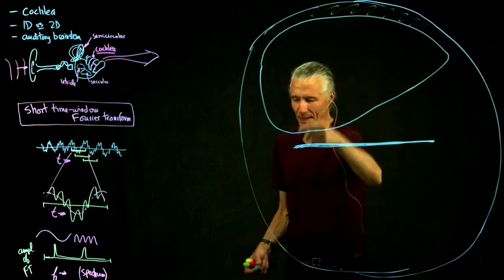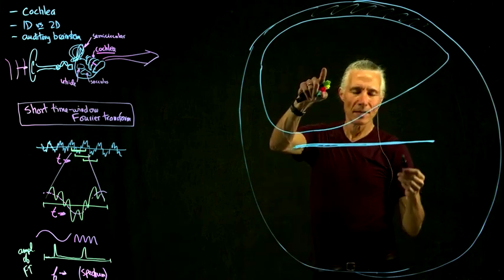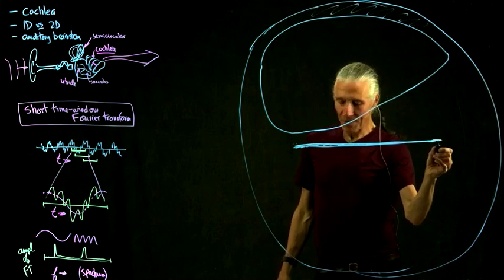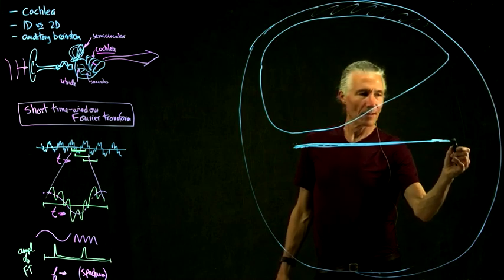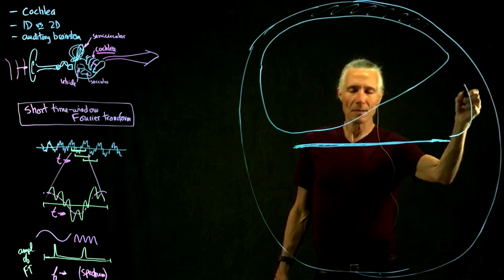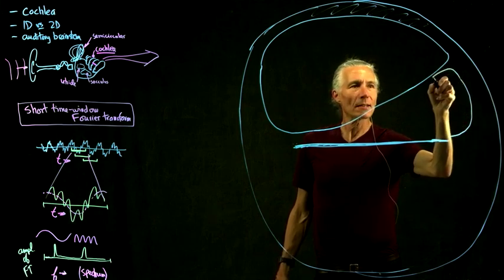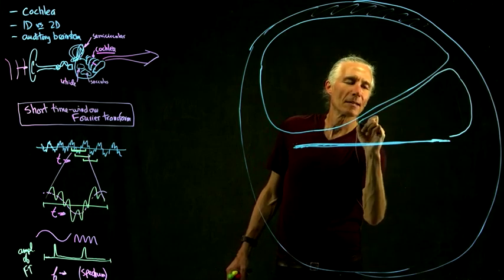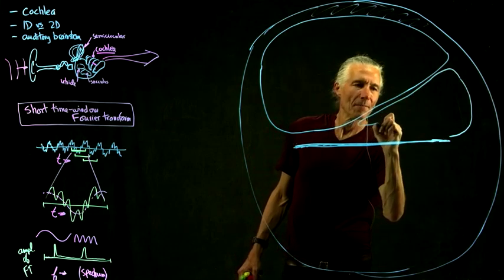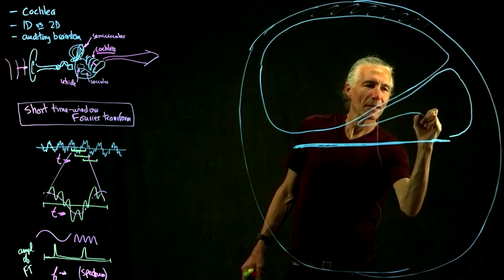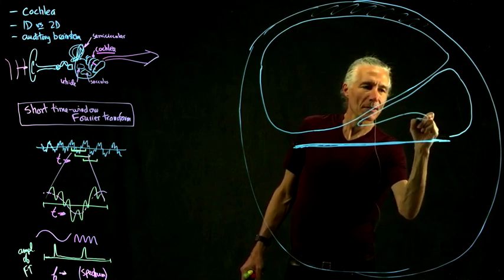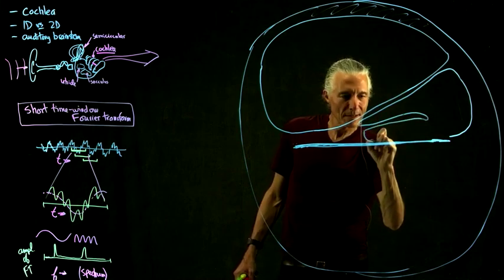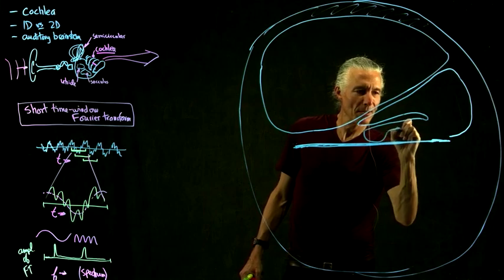This is fluid right here. So I'll have to continue drawing for a little bit. And so this comes like that. There's a little thing that comes there, and then it comes around, and then we've got the tectorial membrane. So here's the tectorial membrane, and then it goes down and then up, and then here's where the hair cells are.